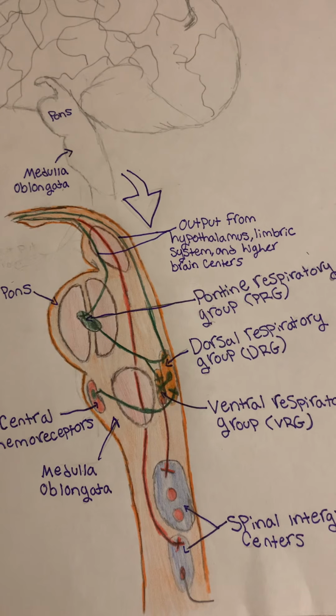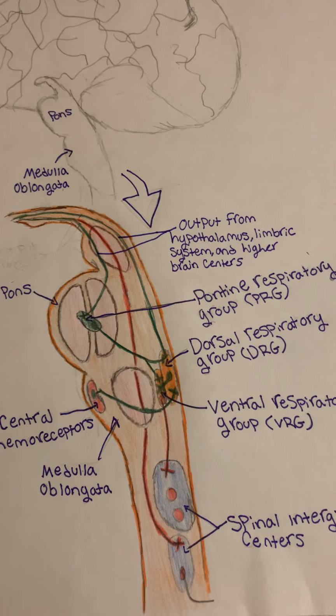So the neurons start all the way from up here, all the way up from the brain, and then make their way down. So the green, which is the output from the hippocampus, the limbic system, and the higher brain center, all come down to the dorsal respiratory group.